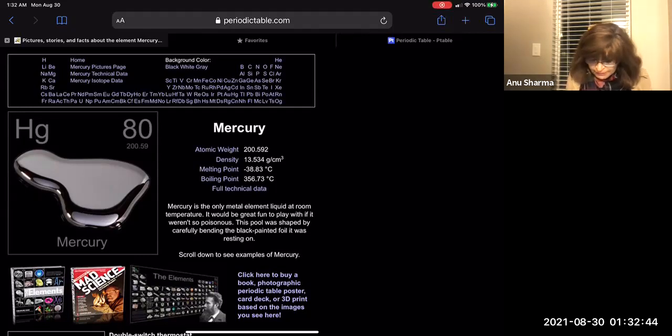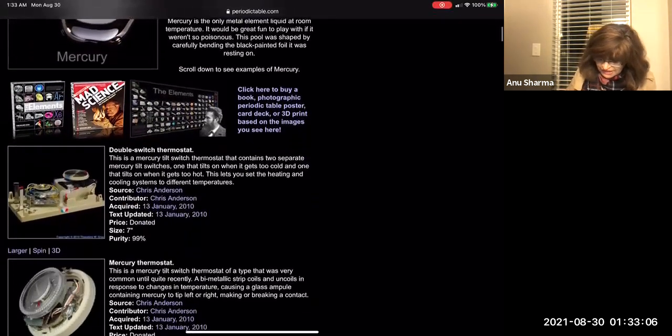So that's mercury, made up of only one type of particle. The weight of that one particle, or the atom, is 200.95 atomic mass units. Density is 13.53. It's pretty dense, meaning it's going to sink in water. Everything is comparative. So this is the deal with mercury.